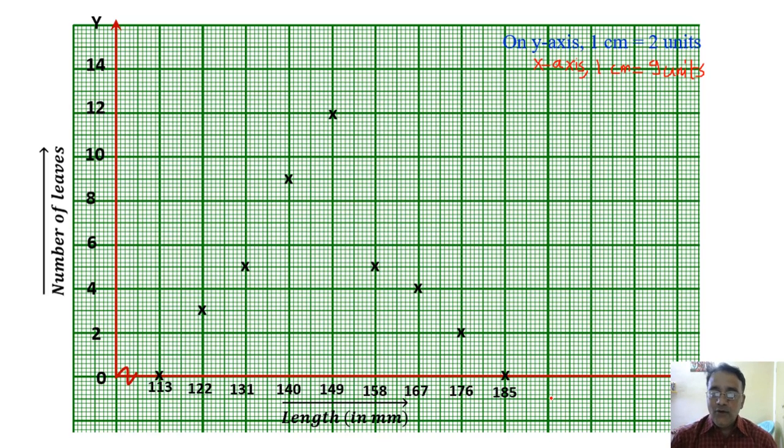Yes, sir. Okay, now we have to join every point by using line segment. So we'll start from here. देखो ध्यान से. First, second, third, fourth, fifth, sixth, seventh, eighth.